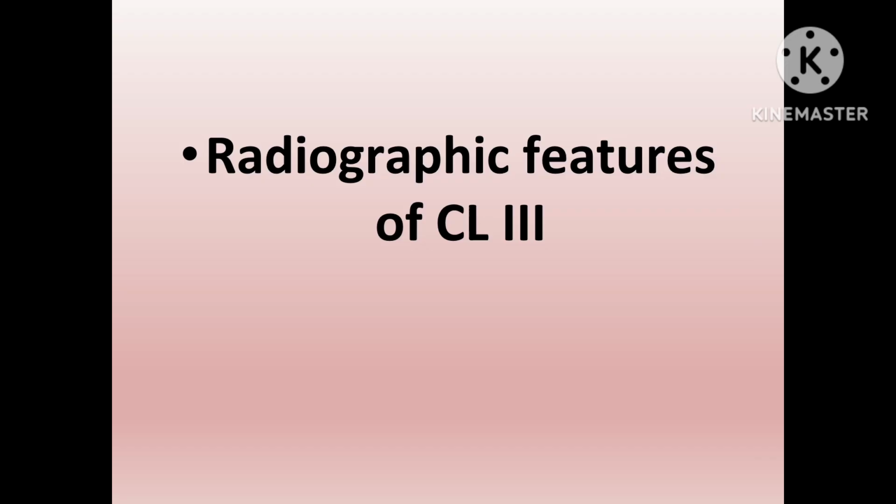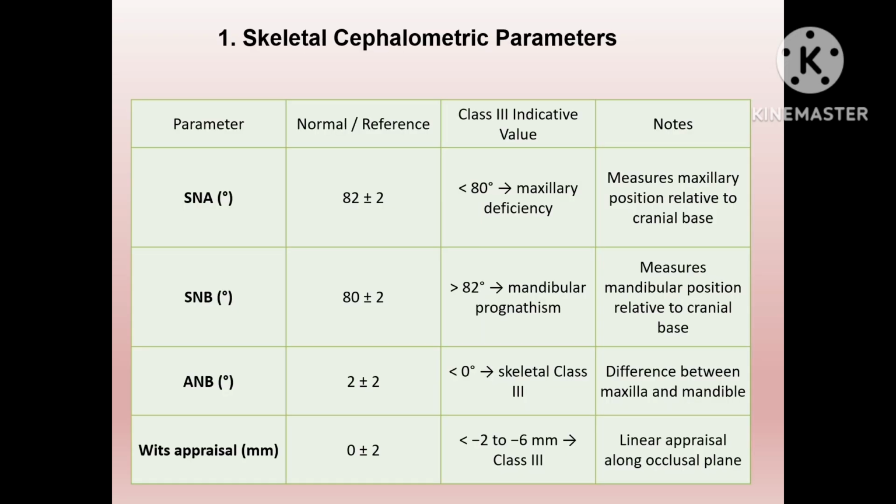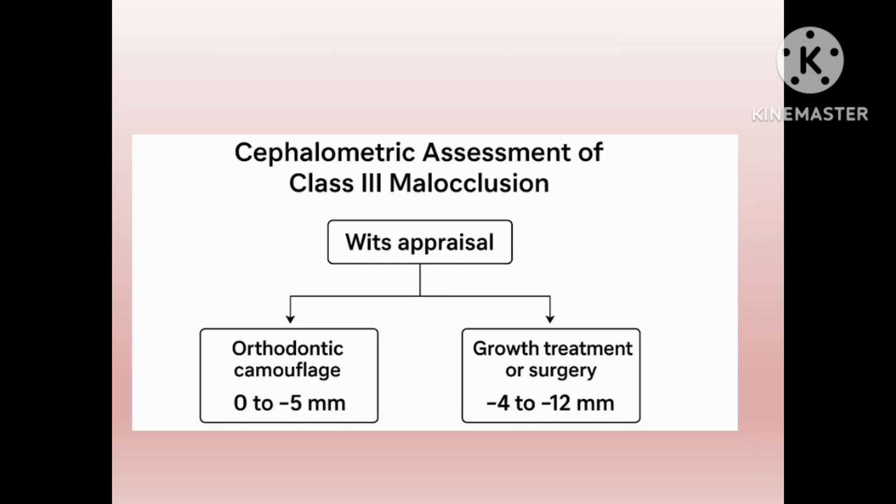Complete cephalometric evaluation includes skeletal parameters, dental, soft tissue, and profile parameters, and growth pattern assessment. Indicators like A and B less than 0, Wits appraisal below -2 mm, and a prominent SNB suggest skeletal class 3.